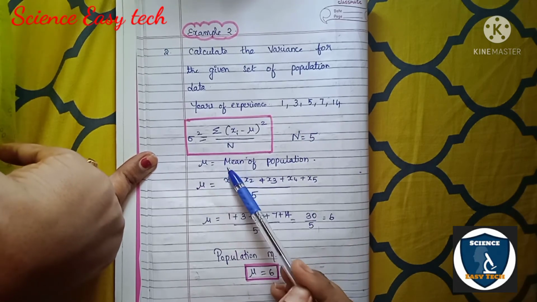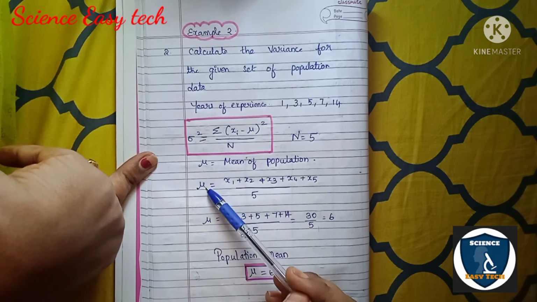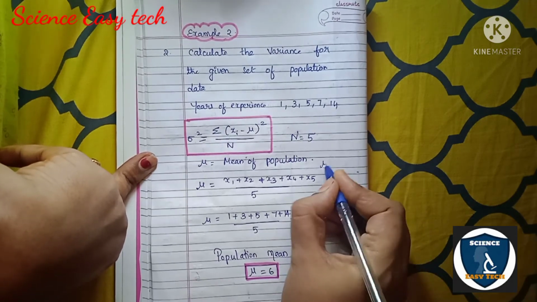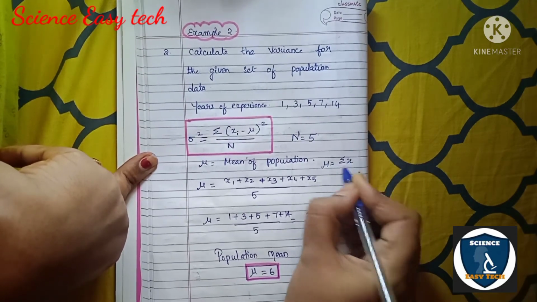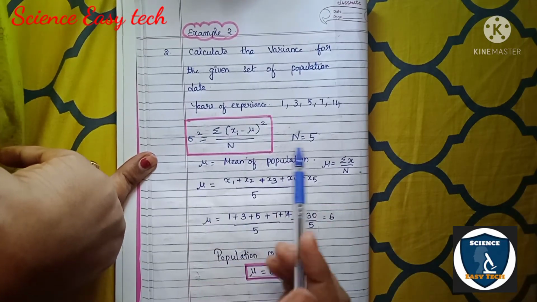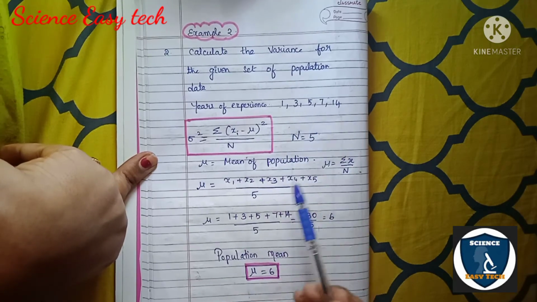What is mu? Mu is nothing but the arithmetic mean of the population. So how do you calculate mu? Mu can be calculated by the same thing, summation of x divided by n. So this is x1 value, x2 value, x3 value, x4 value and x5 value.